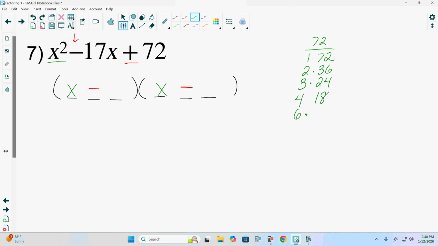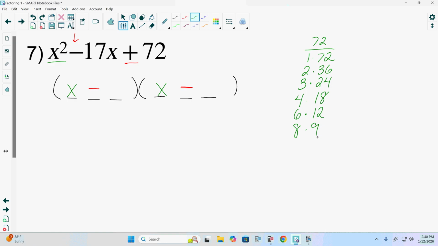No, 5 is not a factor. 6 and 12. 7, is it a factor? No. We can actually see that for the most part. 8 and 9. Because what's 7 times 10? 72 is a little too close to 70 for it to be a factor. 70 and then 77 would be the next multiple of 7.